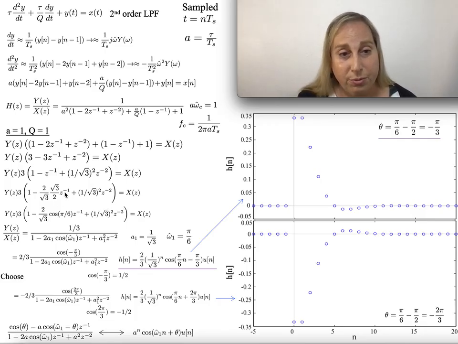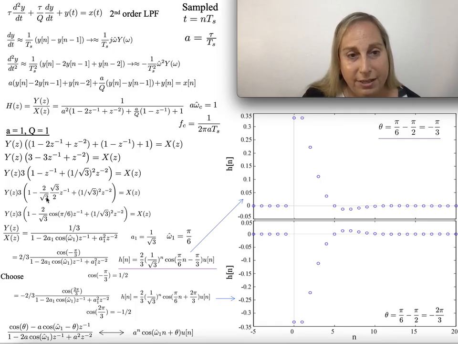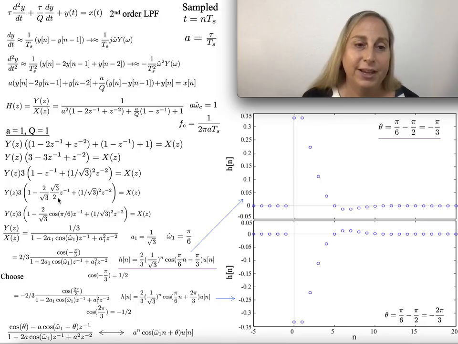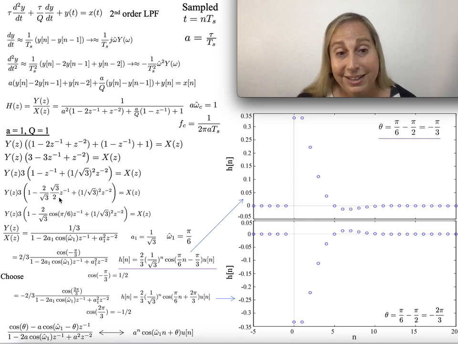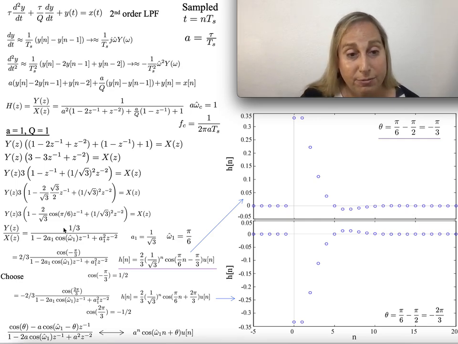I can work through 2 over square root of 3 and 3 over square root of 2. Wait a minute, that gives me my a term, and a square root of 3 over 2. Wait, that's a cosine. I know how to frame that in this structure here. It gives me a way to think about all of those things.